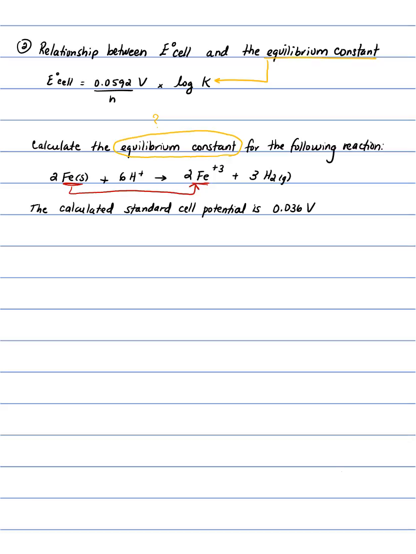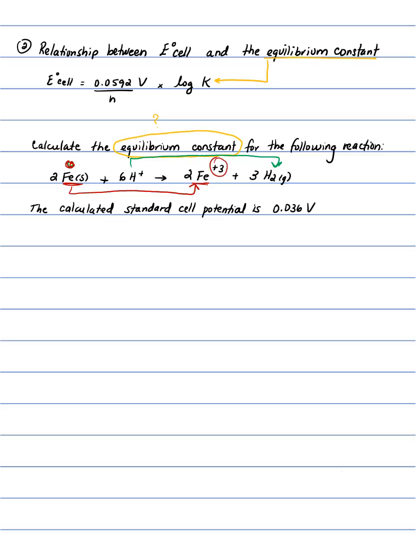The reduction is happening with the hydrogen ion plus 1 to 0 here to here. Remember, the same number of electrons that you're getting from the oxidation, it has to be the same number of electrons that you're using for the reduction. So your iron solid is going from an oxidation number equal to 0 to plus 3.